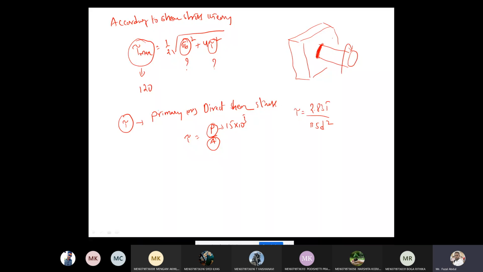This one we already derived at the beginning of the welding topic, where T is the torque, that is force into perpendicular distance. Here I'm getting difficulty selecting the area, so that's the reason I'm directly taking this equation. Now I'm calculating T: 15 into 10 to the power of 3, into the perpendicular distance.